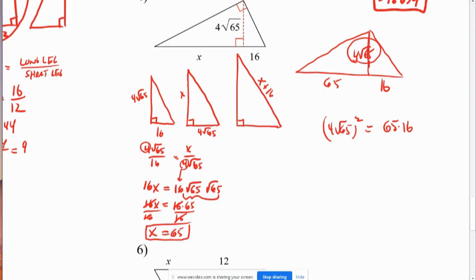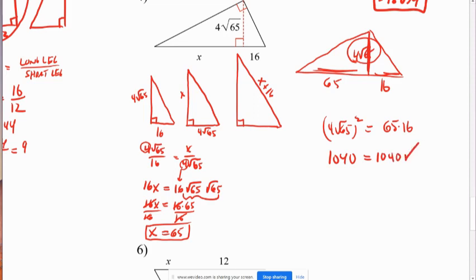The altitude to the hypotenuse is always the geometric mean of the two pieces of the hypotenuse. So if I do the left side with my calculator, 4 square root 65, I'm going to square that. That gives me 1040. And if I multiply the right side, 65 times 16, I also get 1040.